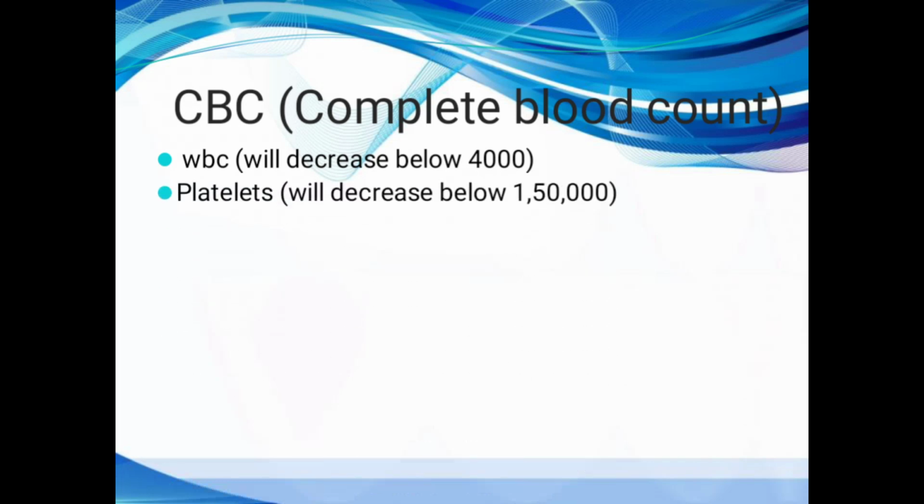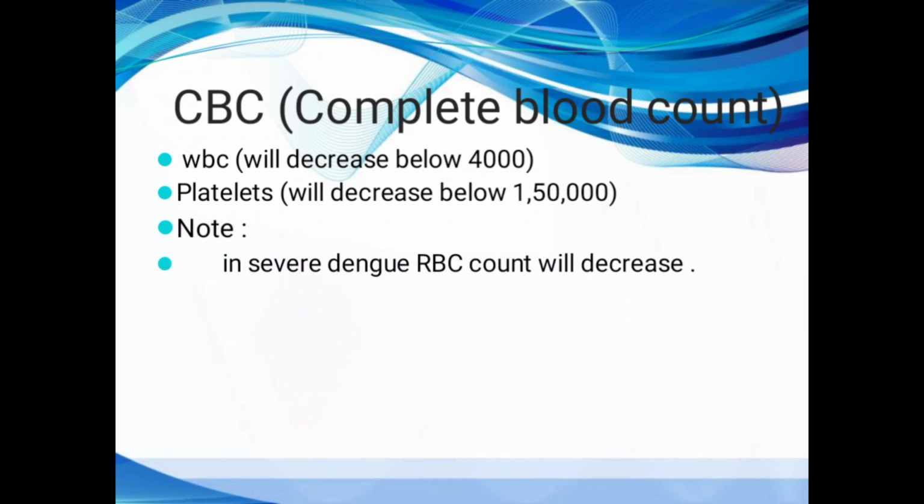CBC, complete blood count. The result will be like the WBC will decrease below 400. Platelets will also decrease below 150,000. Note, in severe dengue RBC count will decrease.